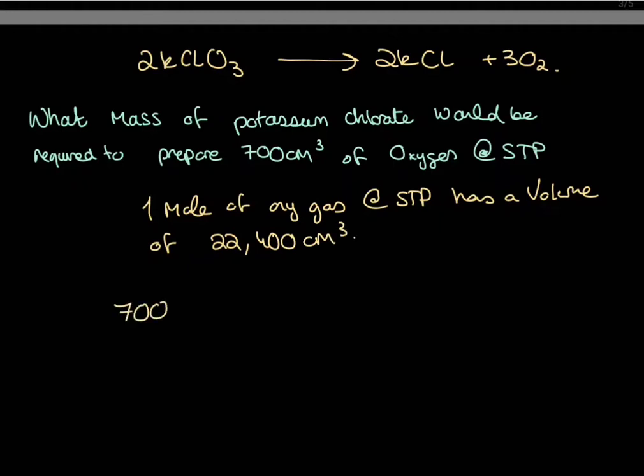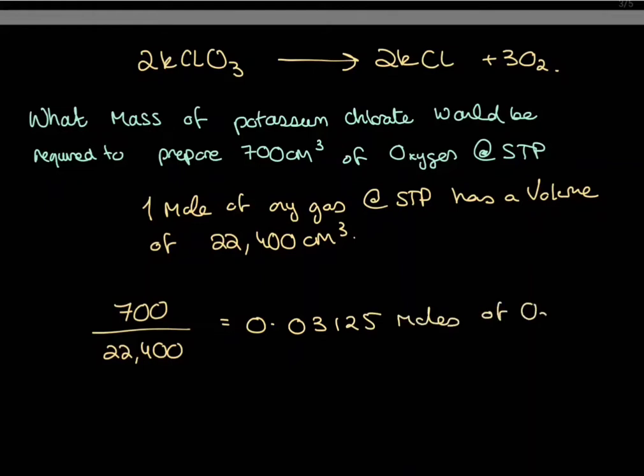Now we have 700 only, so if I compare that to the volume of the 22,400 centimeters cubed that would have been in a full mole, I can work out how much of a fraction of a mole I have. When I do that, I get 0.03125 moles of the oxygen present. So I can write that underneath.